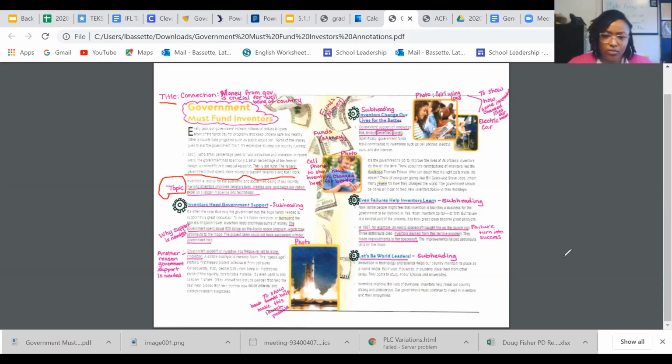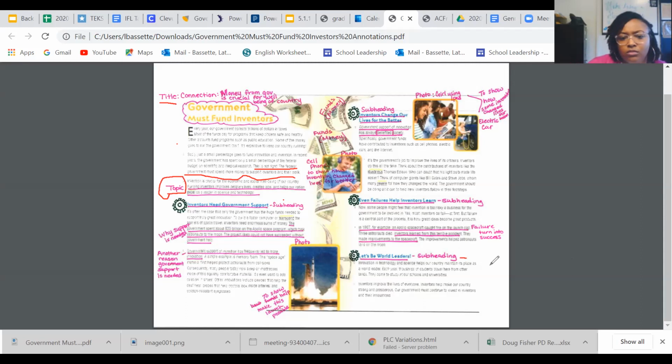One thing that you might want to do in your annotations, and of course this is preference, because we talk about the structure of the text, introduction, body, and conclusion, I sometimes have the students write beside this part that it is the introduction, and at the end I would have them write the conclusion, because it helps them to understand, and it helps me to see that they understand that in a conclusion, the central idea is going to be restated.